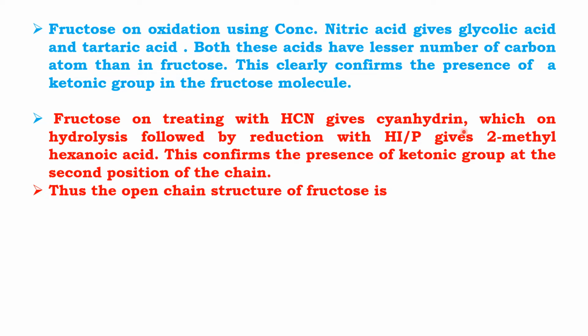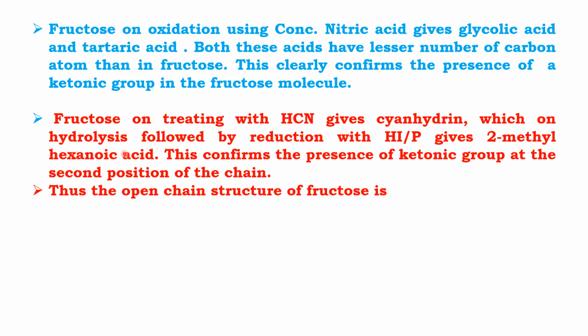And this cyanohydrin is hydrolyzed, followed by reduction with hydrogen iodide and phosphorus. So hydrogen cyanide treating the fructose gives fructose cyanohydrin, which on hydrolysis followed by reduction with hydrogen iodide and phosphorus gives 2-methyl hexanoic acid.